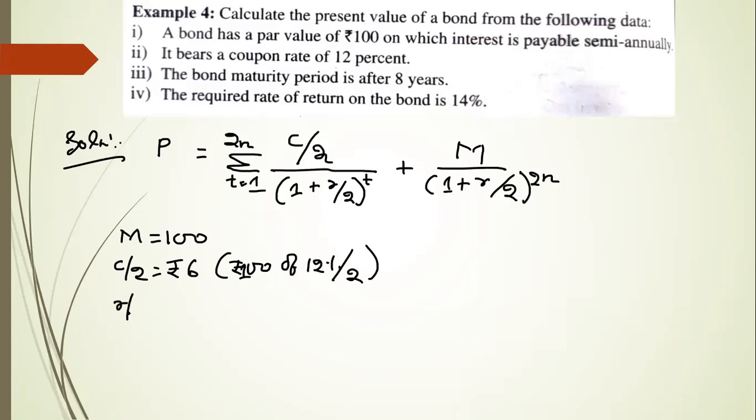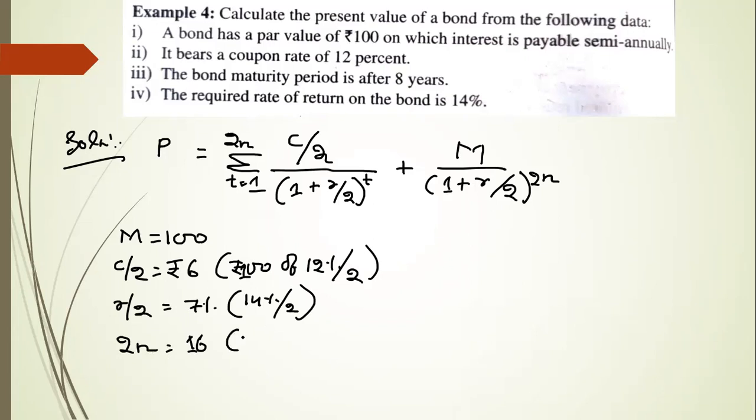Now R bar 2, okay, so it is 7%. The reason is actually it is 14% and semi-annually, so that means 14% divided by 2. And next is 2n. So 2n will be 16 years. Okay, here it will be 16. The reason again, I will tell you.